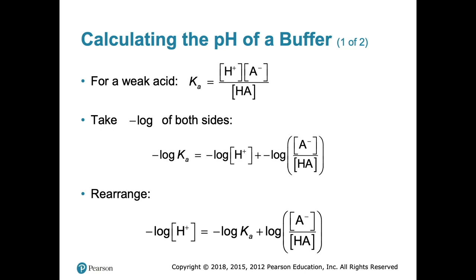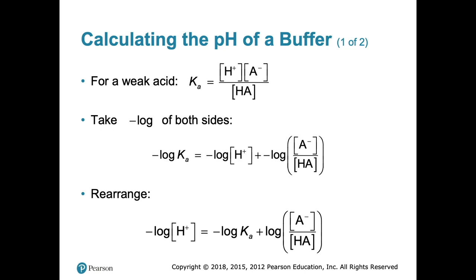Okay, so if negative log of the proton concentration or hydronium ion concentration is pH, what do we think we change this to, the negative log of Ka? Yes, pKa, right? This is pKa then.